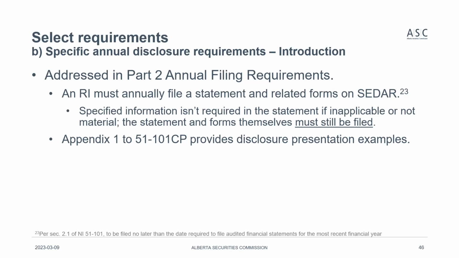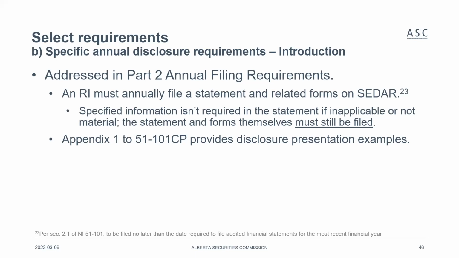So if you're engaged in oil and gas activities, but you don't consider any component of those activities to be material, you may not need to actually provide that information in the filing, but we still require the filing to be executed and filed. That creates a bit of a challenge for people. The reason for this simply is that if you don't submit those filings, when we go through and look for them, we will note that the filings haven't been made.